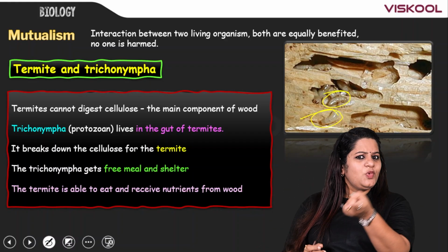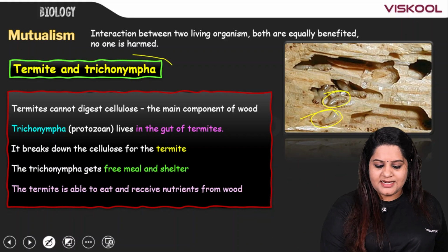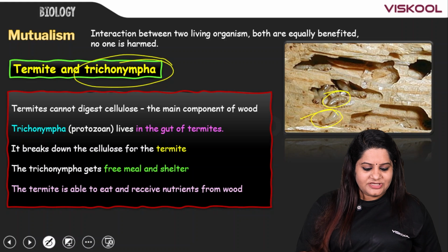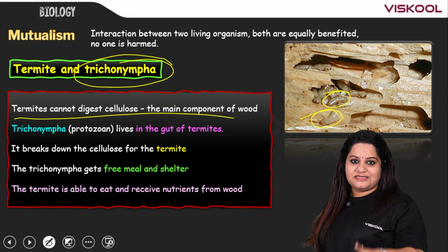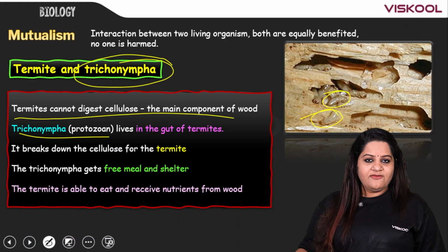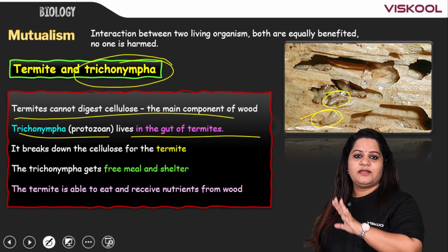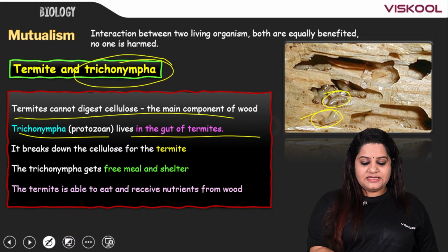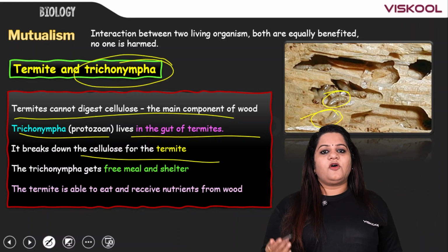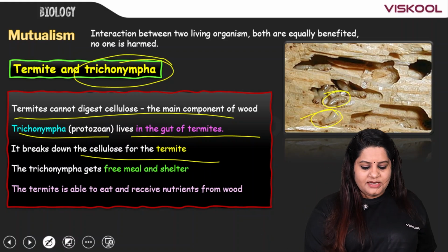There is somebody who is helping this termite, right? That is trichonympha. Trichonympha is a protozoa which lives in the guts of termites. It breaks down cellulose for whom? For termites. Mutually benefited, right?